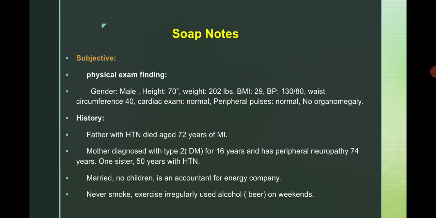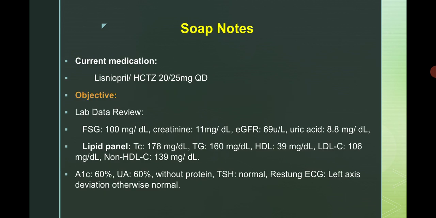Mother diagnosed with type 2 diabetes for 16 years and has peripheral neuropathy, 74 years. One sister, 50 years, with HTN. Married, no children. Never smoked, exercises irregularly. Uses alcohol on weekends. Current medication is lisinopril HCTZ 20/25 mg QD.